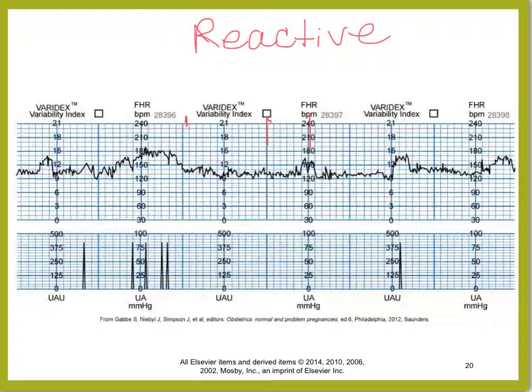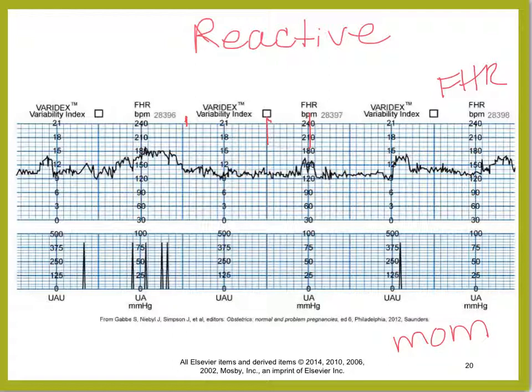So if you count, you have 1, 2, 3, 4, 5, 6, 7, 8, 9, 10, 11, 12 minutes in time. Top, remember, is fetal heart rate. Bottom is contractions or uterine assessment or movement, which is essentially mom.